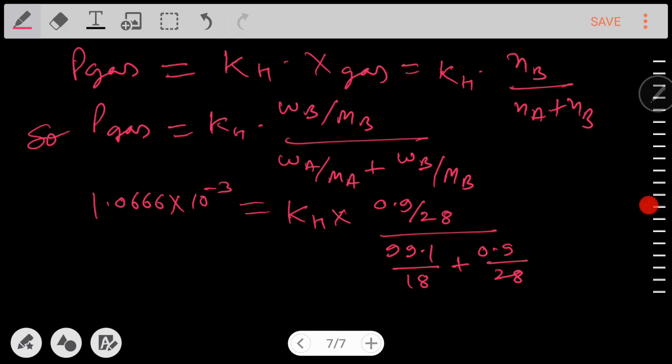When you solve it, you will get the value of KH equal to 0.1846 kilobar. So this is your final answer. In this way you can use the equation of Henry's law. So this is all about Henry's law and its numericals. Thanking you.